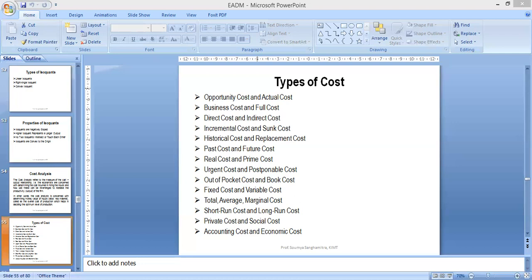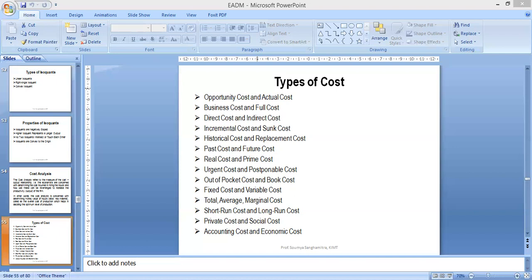For example, change in production line or output level, adding or replacing a machine, change in distribution channel, etc. And sunk costs are the costs that are not affected or altered by a change in the level or nature of business activity, and it cannot be altered, increased or decreased by varying the level of activity or the rate of output. All past or actual costs are related to a sunk cost.